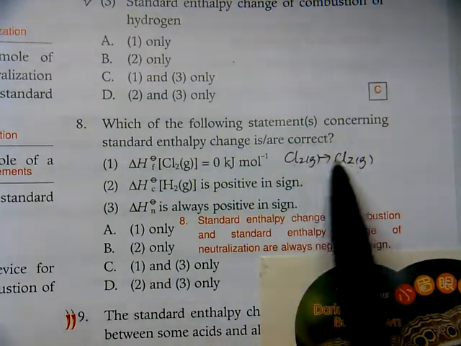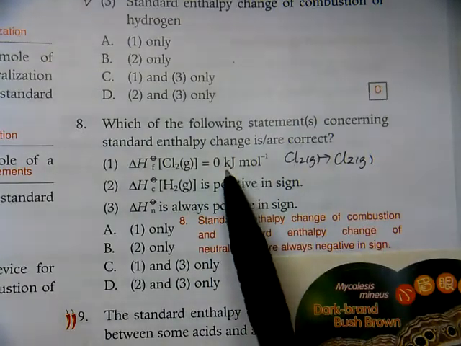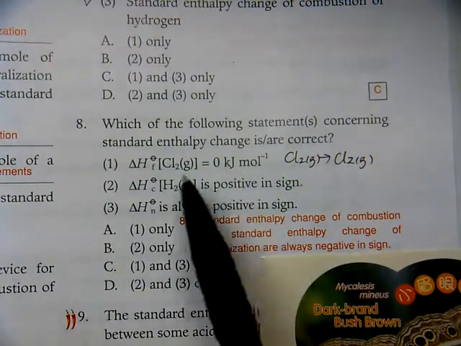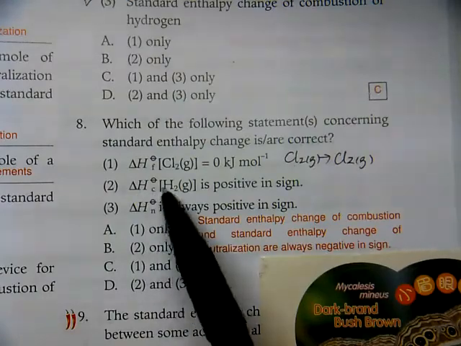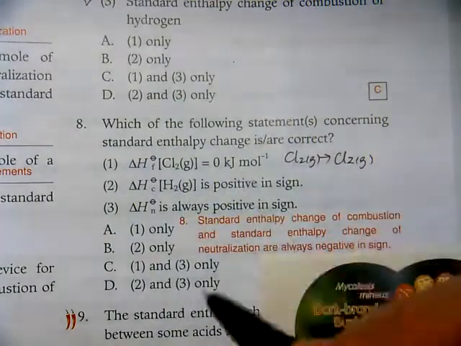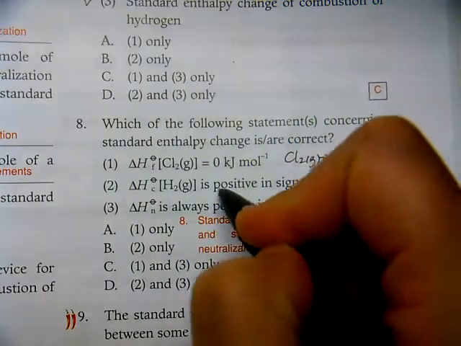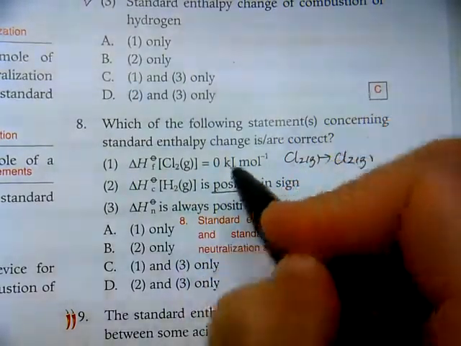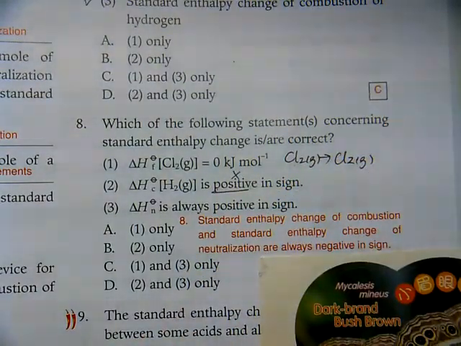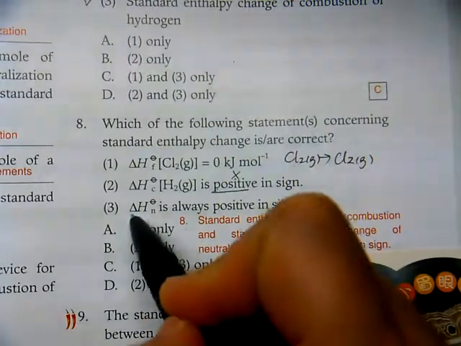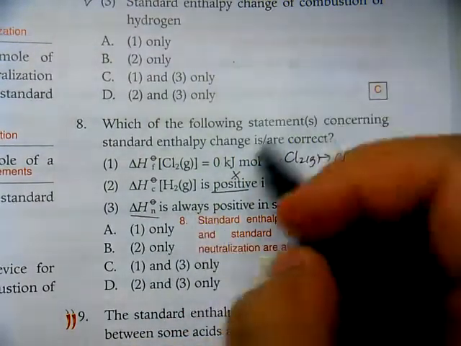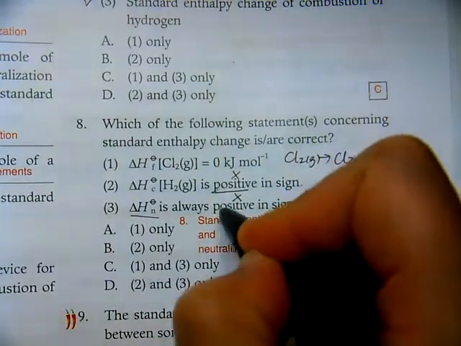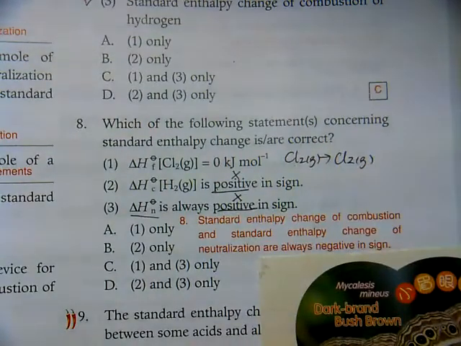There is no change, so enthalpy change must be equal to 0. Next, combustion of hydrogen. Heat is released, so it will have a negative sign, not positive. Heat of neutralization is always exothermic. Exothermic means it must have a negative sign. Therefore, the answer is A. Do you understand?